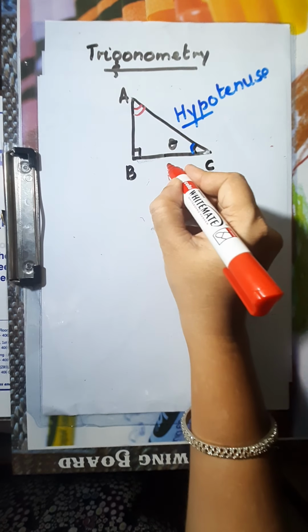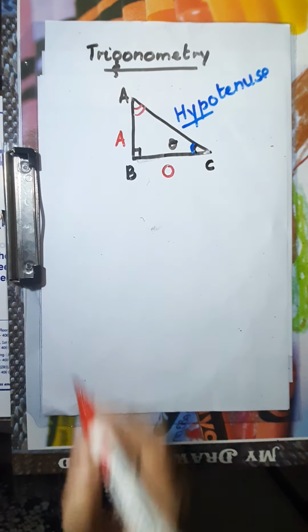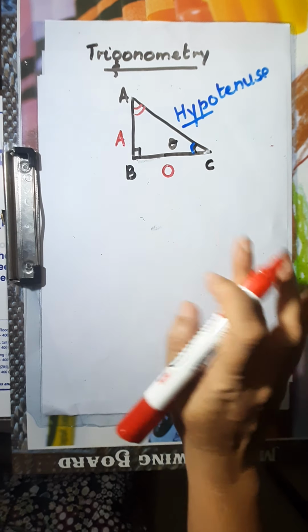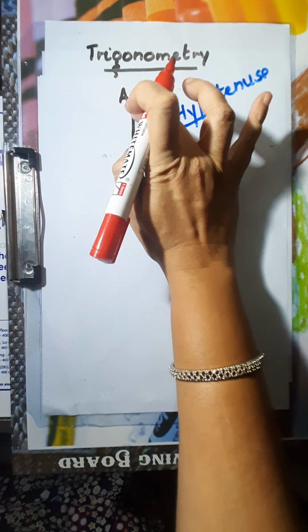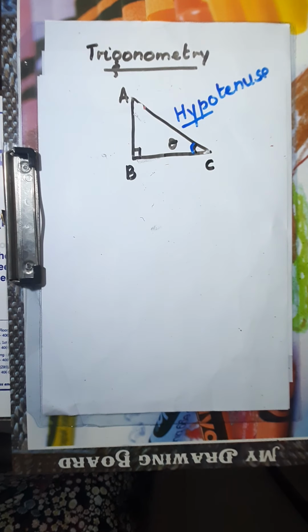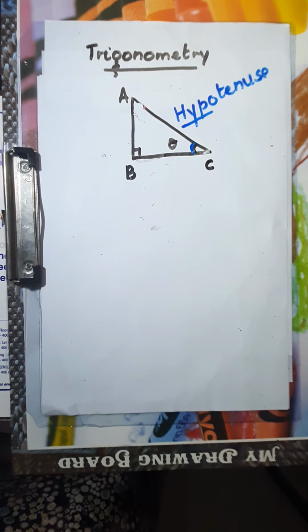For my angle A, BC becomes opposite side and AB becomes my adjacent side. Correct? The hypotenuse remains the same. Right now I am only concerned with my angle theta. I'll tell you what that other angle is called later.